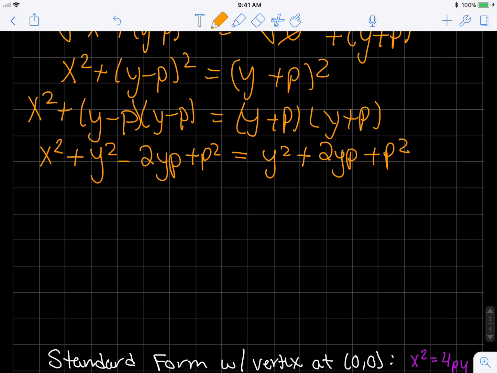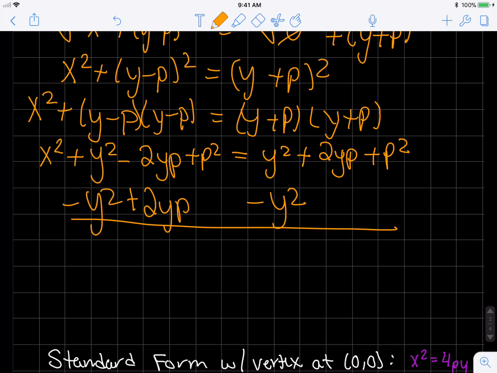Now we're going to subtract our like terms and solve. So we see we have y² on both sides, so we can subtract y². We're going to add 2yp and subtract p².